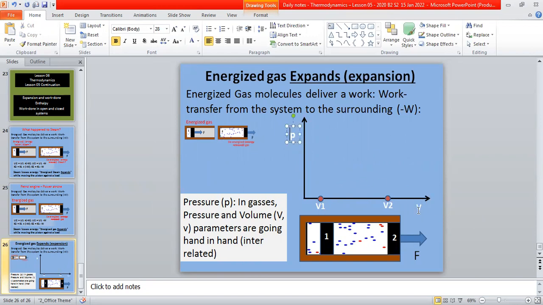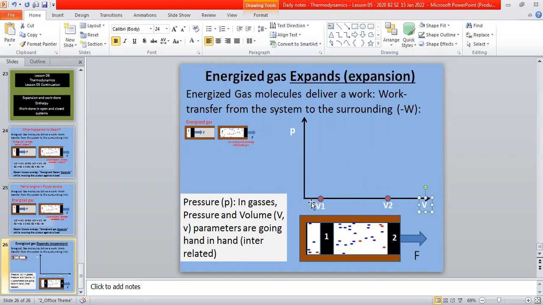Okay. So pressure may have standard units. Volume may have standard units. So you can see the volume is related to the space this gas is occupying. So initially V1, start the piston to move, meaning expanding this volume, and finally change this volume to the level 2, we call V2. Okay.